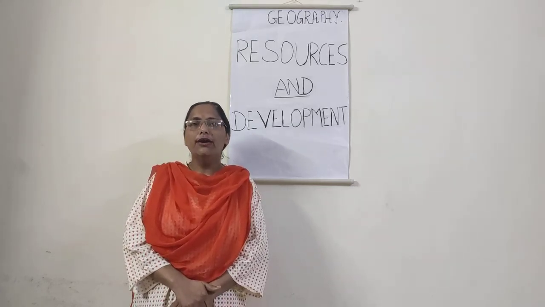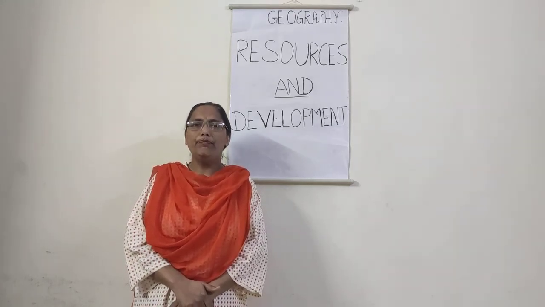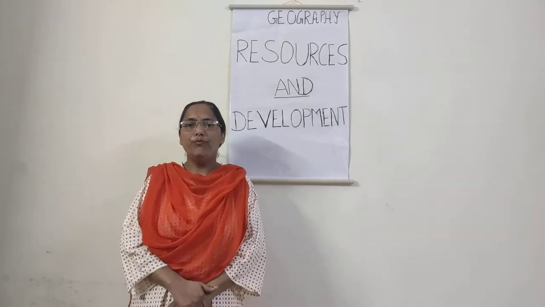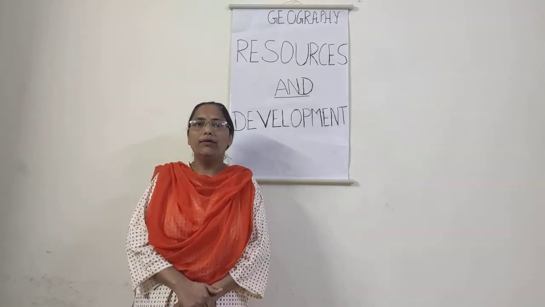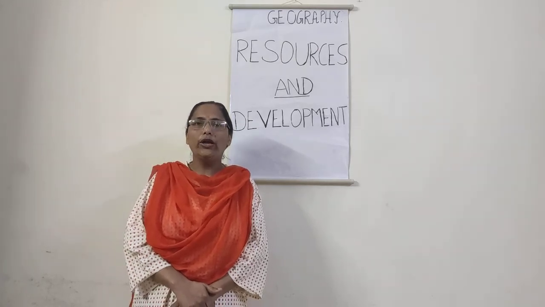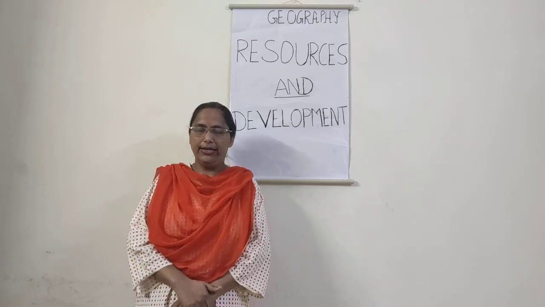These are the various classifications of how the land in our country is being utilized. This is a very important question. In the examination, the question will come in the form of a 5 marks or 3 marks question, talking specifically about what the land use patterns in India are.